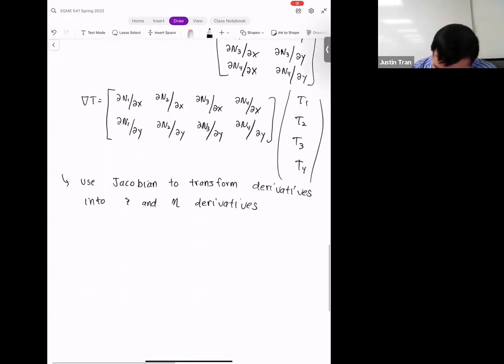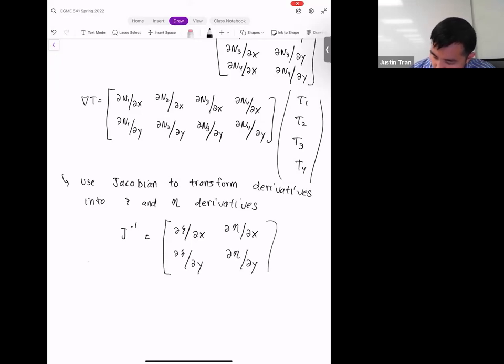So if we look at the Jacobian inverse, what we get is partial epsilon partial x, partial eta partial x, partial epsilon partial y, partial eta partial y.